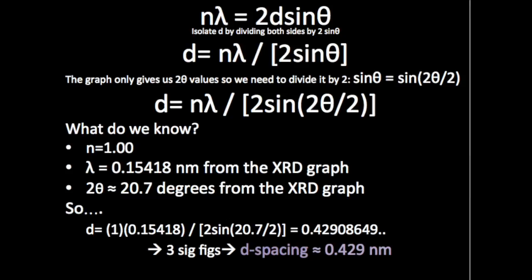By dividing both sides of the Bragg's law equation by 2 sine theta, I get d equals n lambda over 2 sine theta. Now, the graph only gives 2 theta values, so we need to divide 2 theta by 2 to give us theta. This gives us the final equation d equals n lambda divided by 2 sine of 2 theta over 2. Plugging in the known values, I calculate the d-spacing to be 0.429 nanometers at the highest peak of the graph.